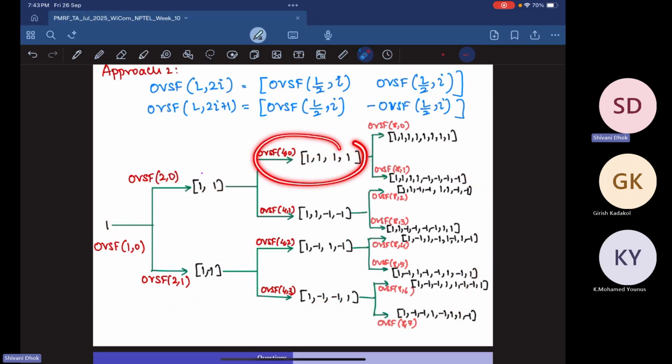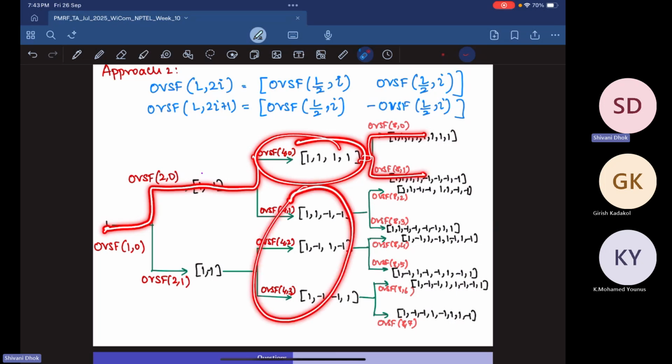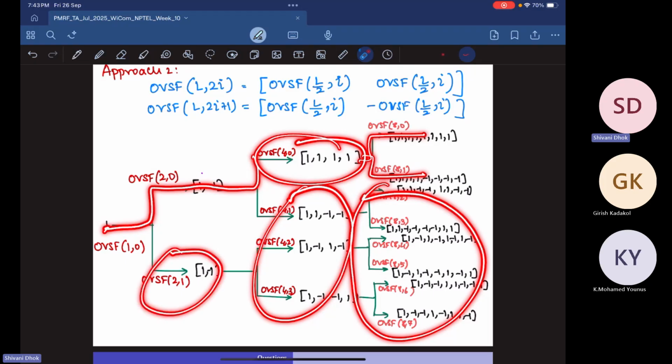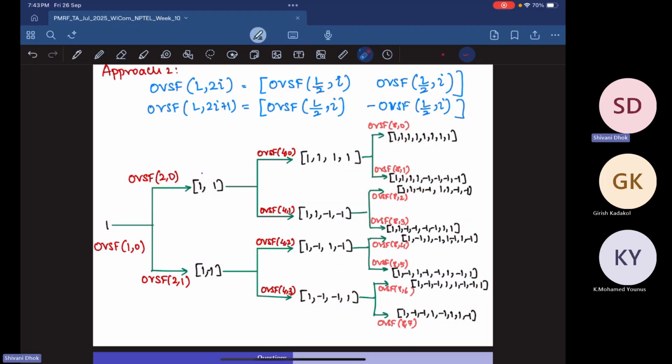Similarly, here for this particular code, this is the predecessor and this is the successor. But these are not its predecessors. This is also its successor. These are not its successors. And this is not the predecessor. Does that make sense? Any questions till this point?